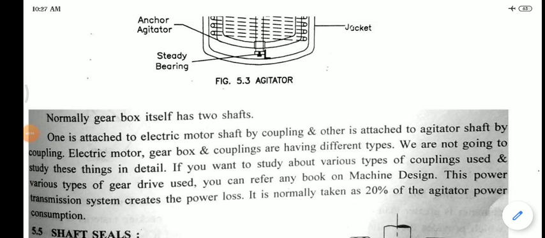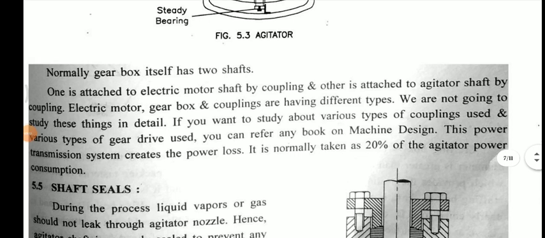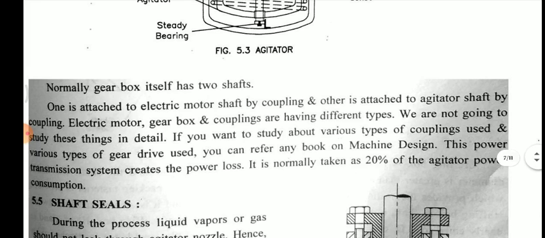Normally the gearbox itself has two shafts. One is attached to the electric motor shaft by a coupling, and the other is attached to the agitator shaft by a coupling. Electric motors, gearboxes and couplings come in different types. We are not going to study these in detail.